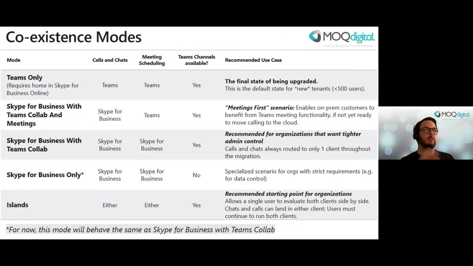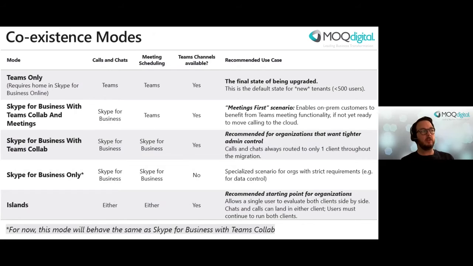Part of your migration planning is to define which mode you want to get to. So you might say this is going to be a 6 month journey, and we want to control the adoption of Teams. We want to make sure that the rest of the business is on Skype for Business only, and they become Teams only once we've migrated that business unit.